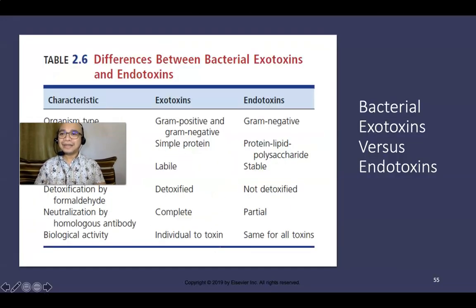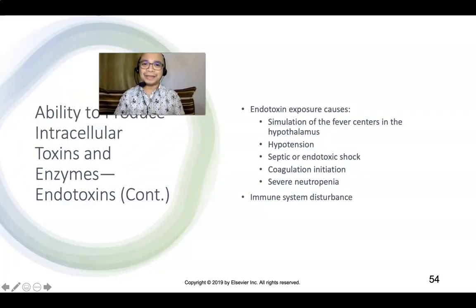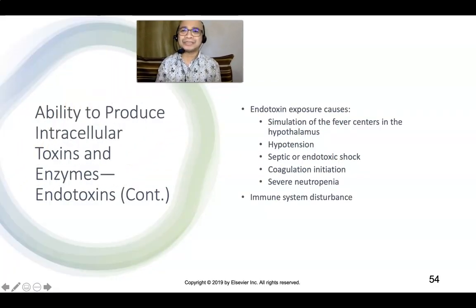Okay, so upon exposure to endotoxin, this will stimulate our body to produce cytokines, and cytokines will actually have the hypothalamus as the target organ, and it will raise our body temperature, thereby causing us to have a high fever, and then there will be a drop in blood pressure, so that there's hypotension, and eventually it will result in septic or endotoxic shock, and then coagulation initiation would also be stimulated.